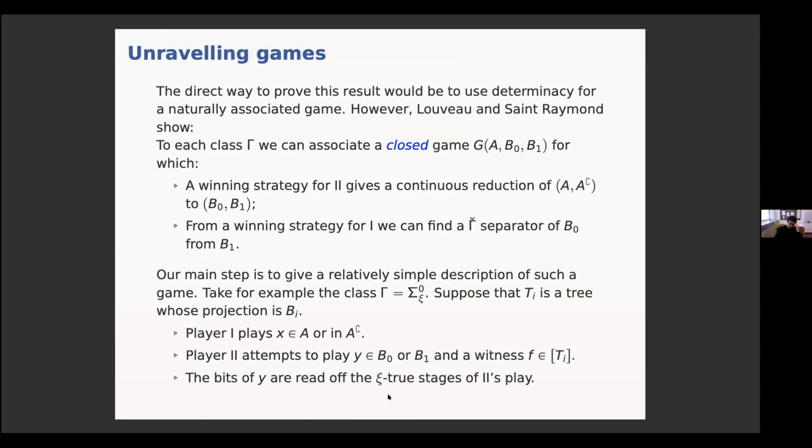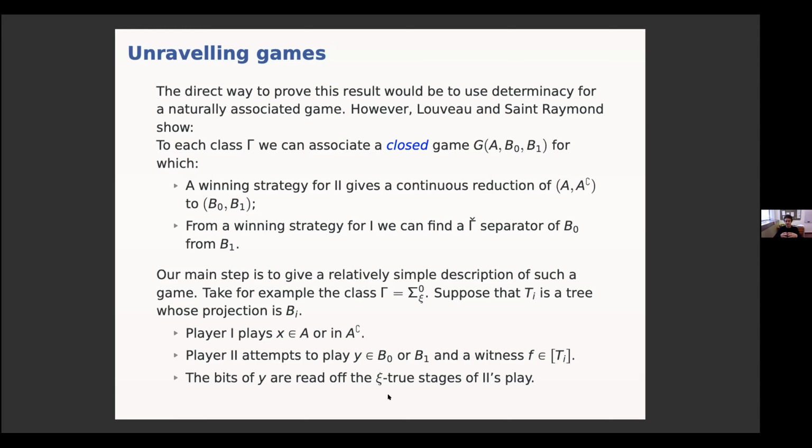And Andrew Marks in his talk at CTA a year ago said that in some sense they invented true stages. I'm not sure that that's completely fair, in the sense that their system is really geared just towards these unraveling games, whereas the alpha true stages are so versatile that they can be employed to a variety of tasks. But also I think that making the proof using true stages is much clearer than what they've done.